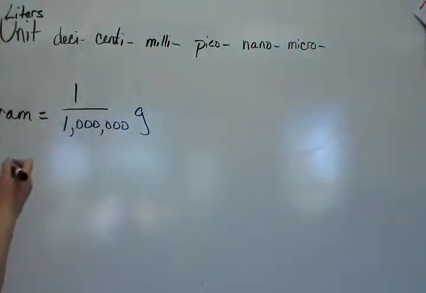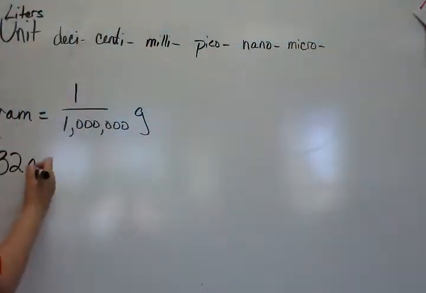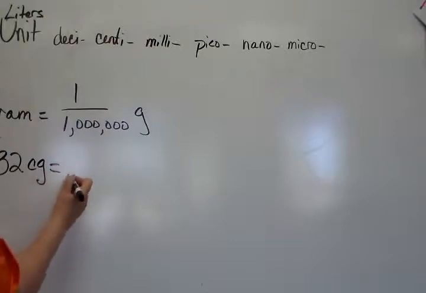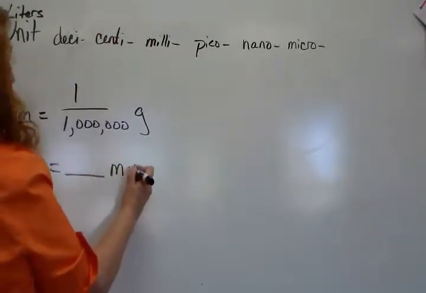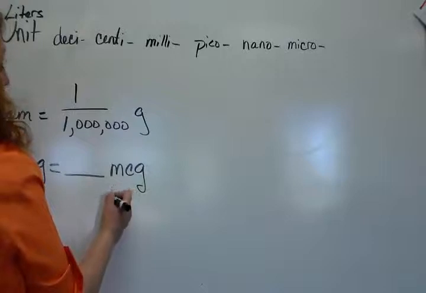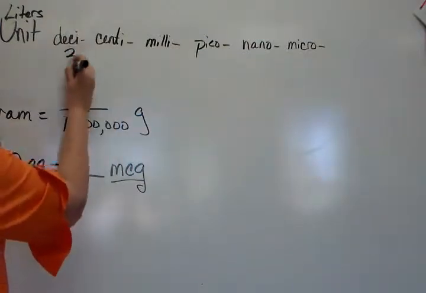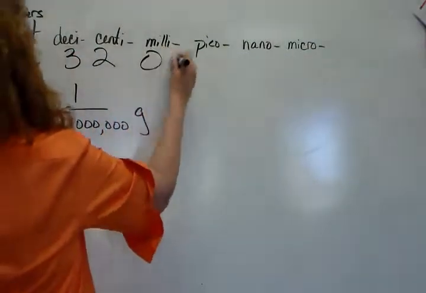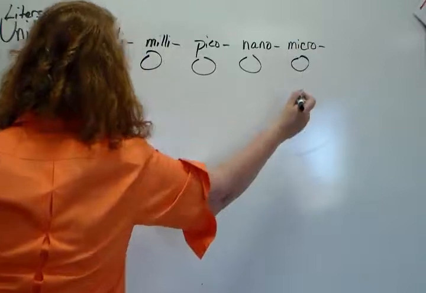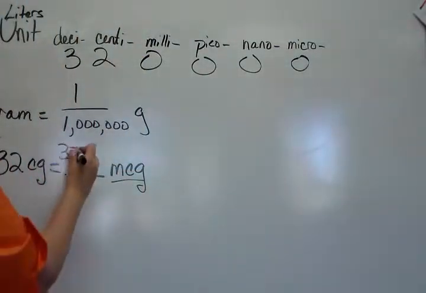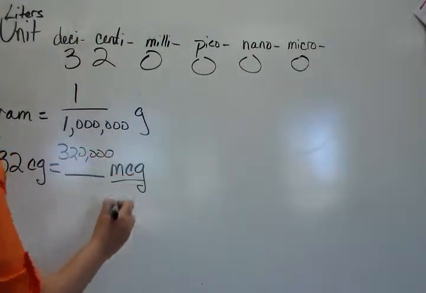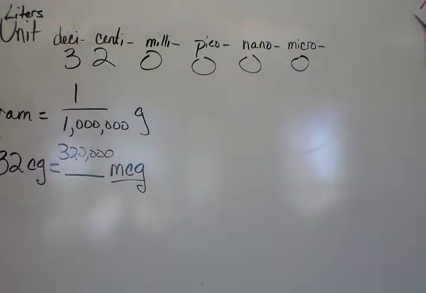So if you have 32 centigrams of something, and they ask you how many micrograms, this is how microgram looks. If they ask you how many micrograms, you can fit your 32 centigrams here and go 1, 2, 3, 4. It is 320,000 micrograms.